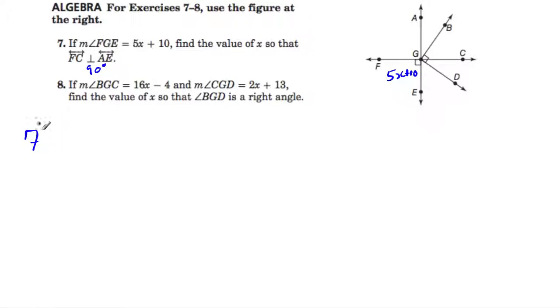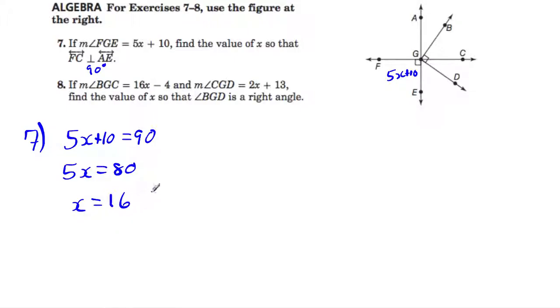So for number 7, we can set up that 5x plus 10 must equal 90 degrees. If we subtract 10 from both sides, we get that 5x is equal to 80. And then we can divide both sides by 5, and I'm going to get 16. So x must be equal to 16.